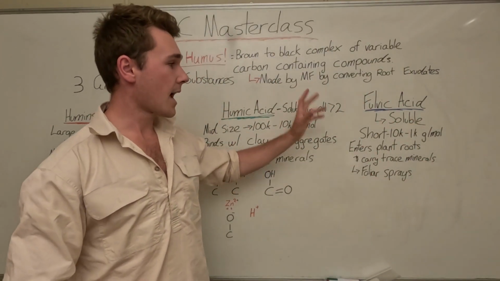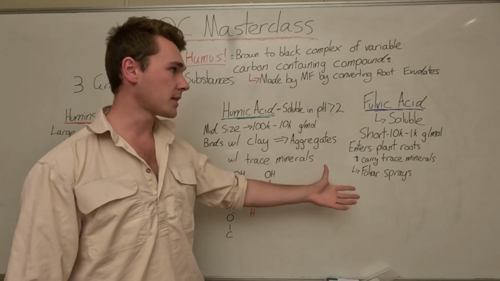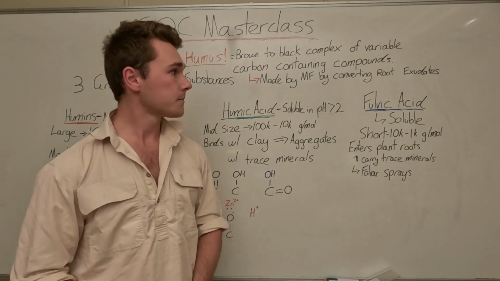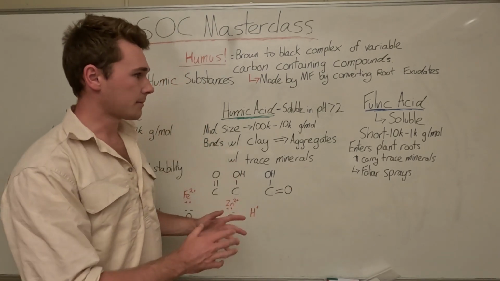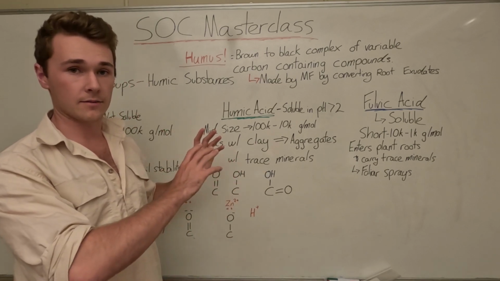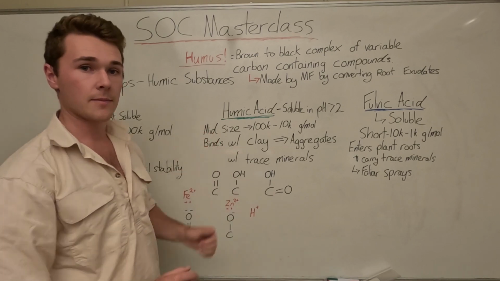Likewise, humic acid can actually also be taken up by the plant itself and used in different processes that we'll talk about in the next video of the series. So there you go, that's the humic substances. As you can see here, they vary in a fair amount of size and weight, all compared to our glucose molecule there.